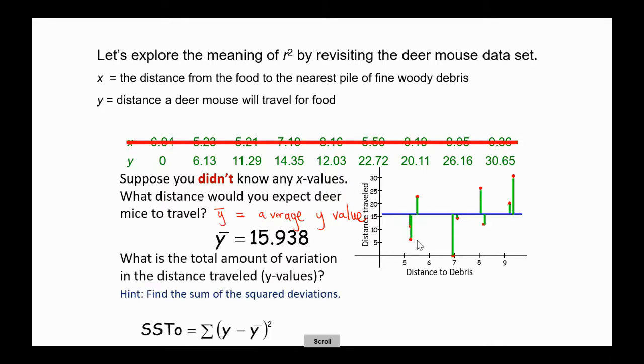Okay, so let's find the total amount of variation in the distance traveled. And they give you a hint. And then I give you the formula. Find the sum of squares deviations. So we're finding the total sum of squares.